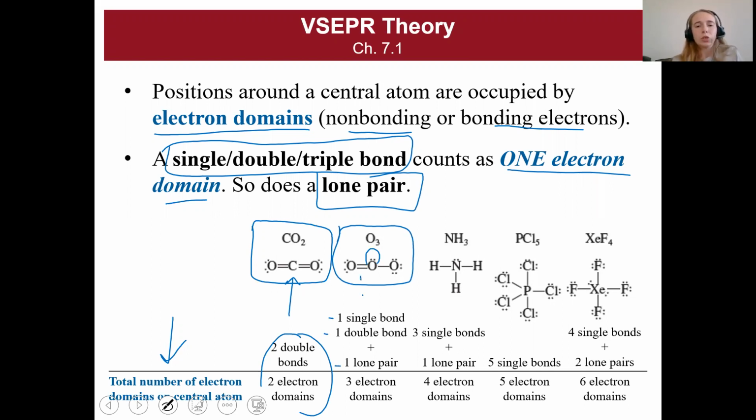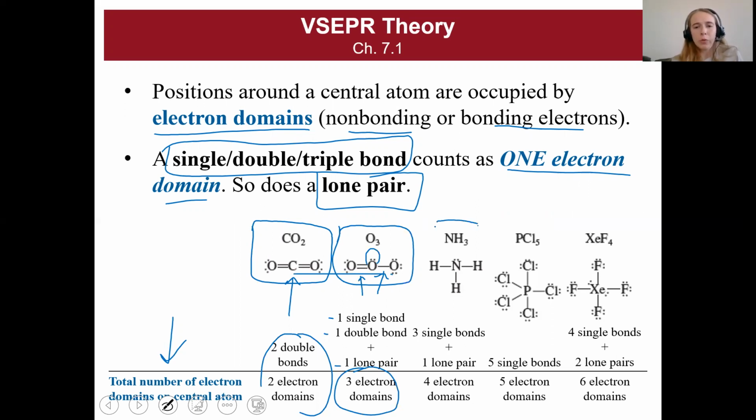These are 2 different bonds, but it doesn't matter that one's a double bond and one's a single bond. They both count as single electron domains. So we have 1 single bond, it's 1 domain, 1 double bond, that's another electron domain, and then 1 lone pair, so that's a third. So we have 3 electron domains in ozone.